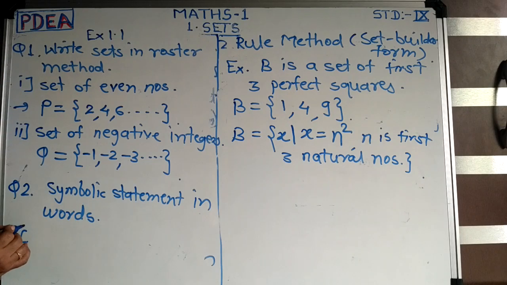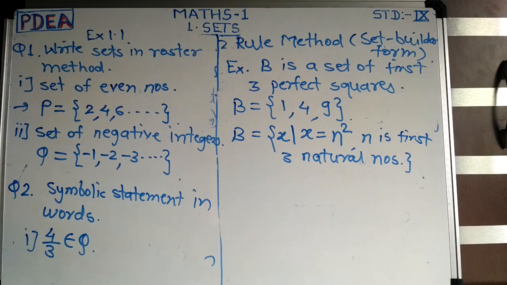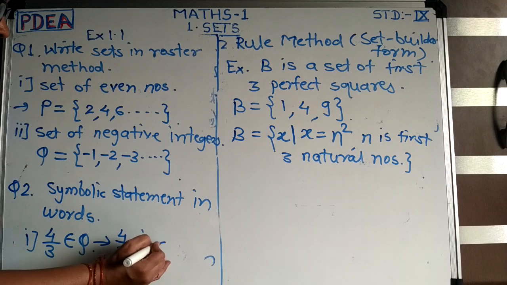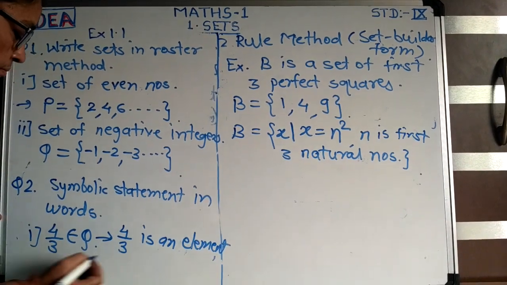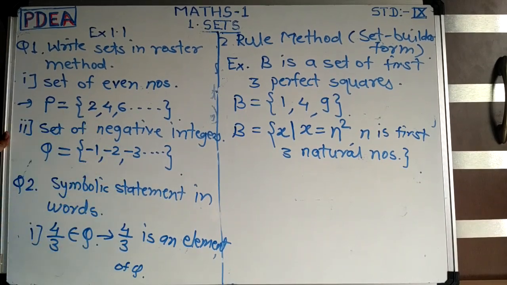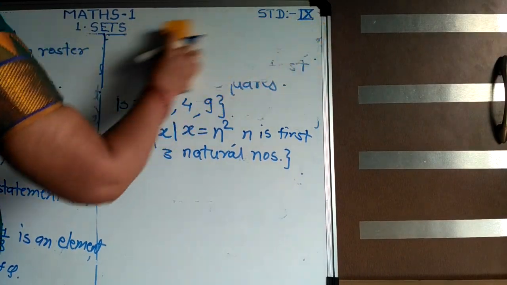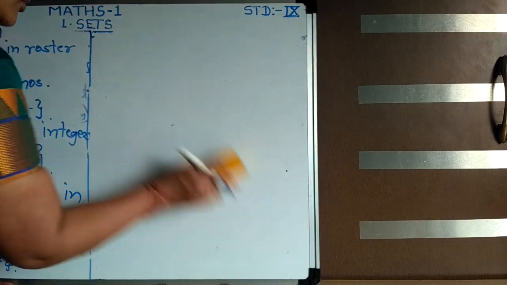For example, how to write 4/3? 4/3 is an element of Q. Solve the second example for homework.